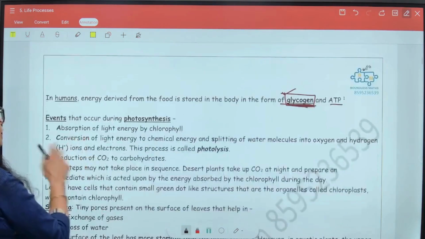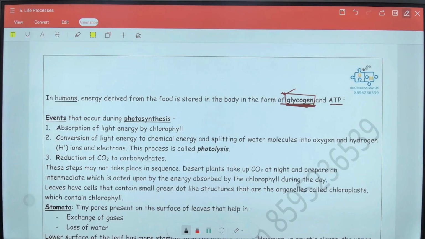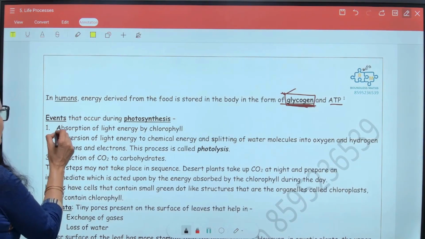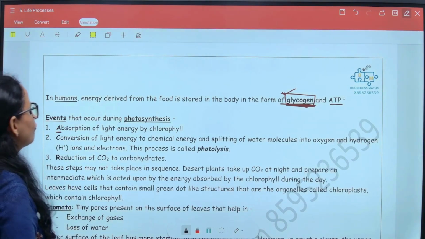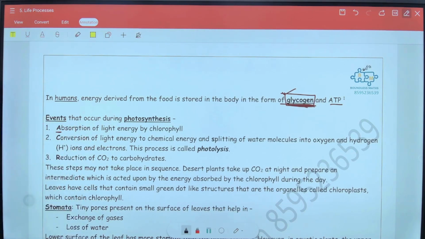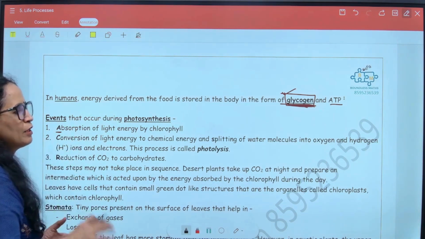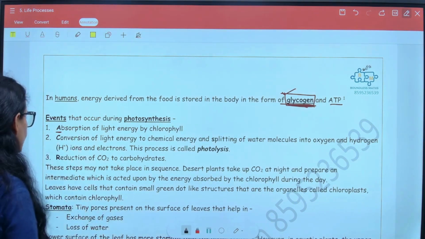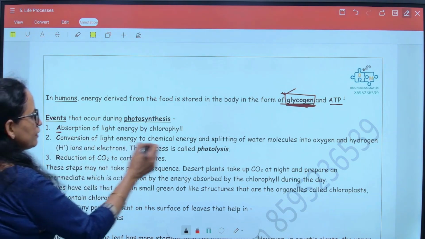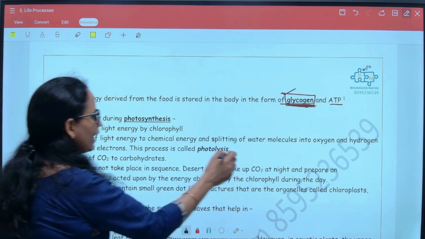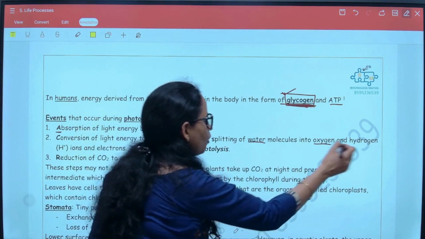So what are the different events that take place during photosynthesis? The first step is absorption of light energy by chlorophyll. So the plastids, the chloroplasts, they first absorb sunlight, right? So that is the trigger point where photosynthesis starts. Now the conversion of light energy to chemical energy takes place, and water molecules, they split into oxygen and hydrogen.